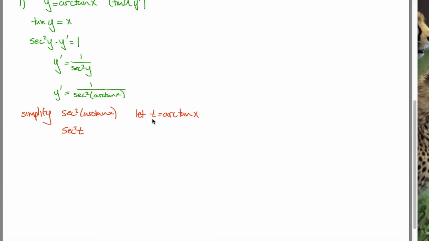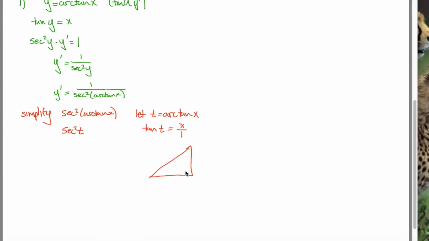Well, sort of, because t is something you made up, but you can use the fact that t is arctangent of x to figure out that the tangent of t, if you take the tangent of both sides of this equation, is equal to x. And when I have trig functions, tangent of t equals something, I prefer to write it as a fraction because I know that I am going to draw a triangle.